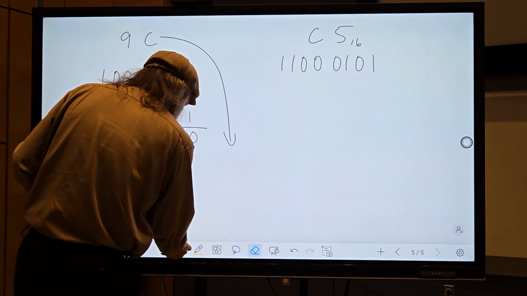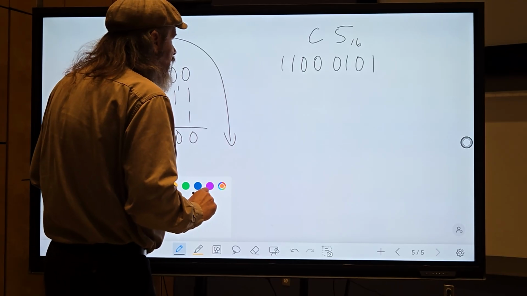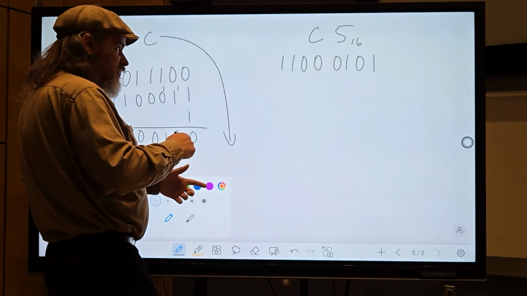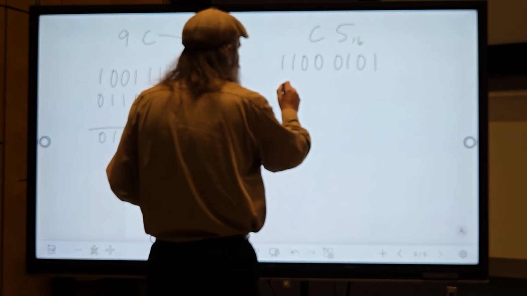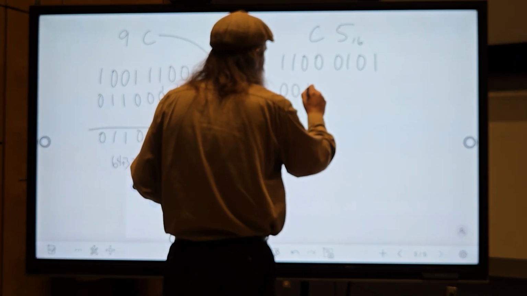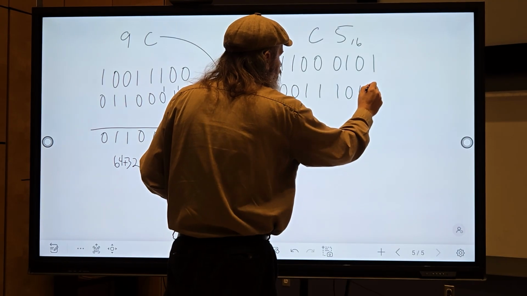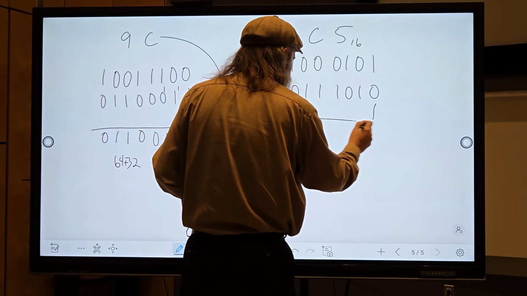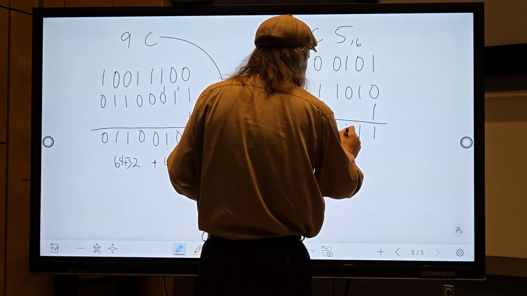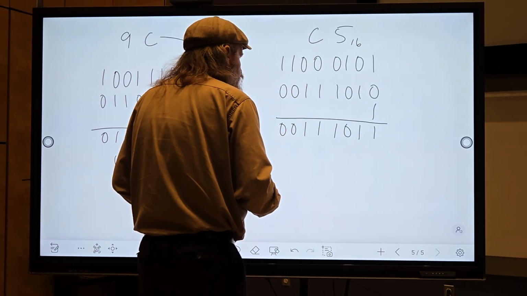Get rid of that. Now do the 2's complement conversion. Go 0, 0, 1, 1, 1, 0, 1, 0. Add 1. 1, 1, 0, 1, 1, 1, 0, 0.